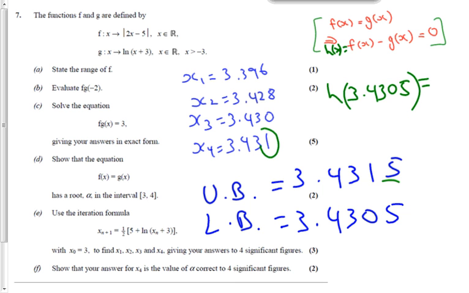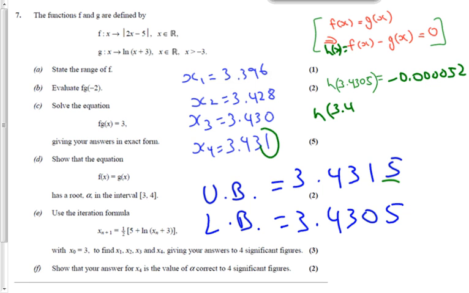And this, if we work it out on a calculator, is minus 0.000052. And h of the upper bound, so this is the lower bound and now we do the upper bound, which is 3.4315, and that is equal to 0.0018.